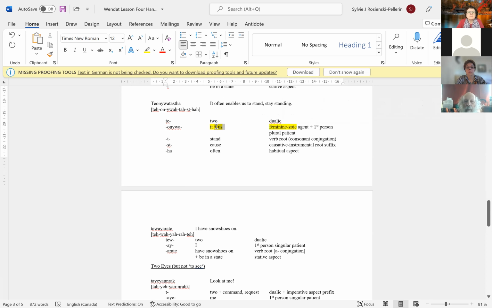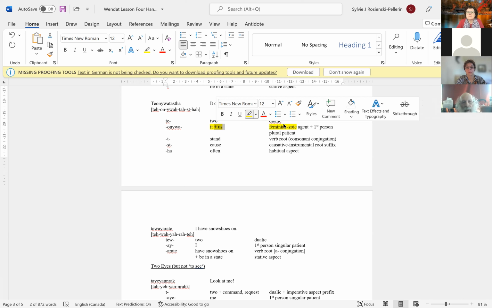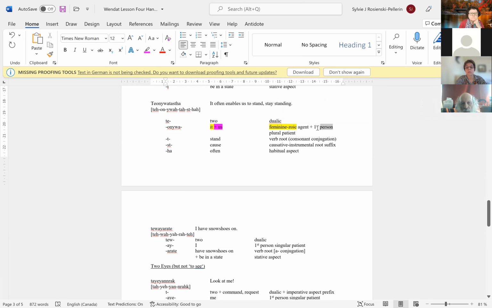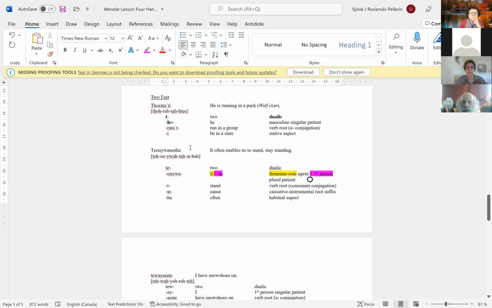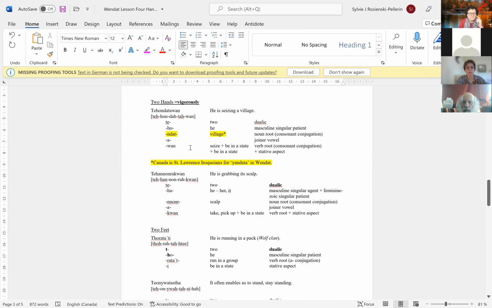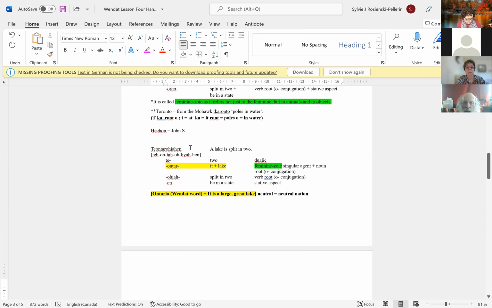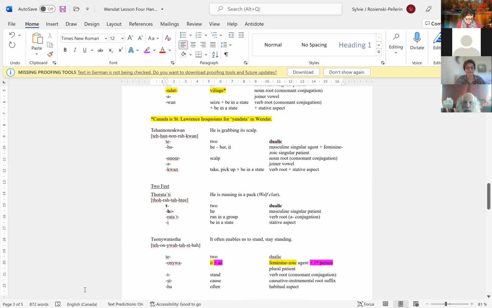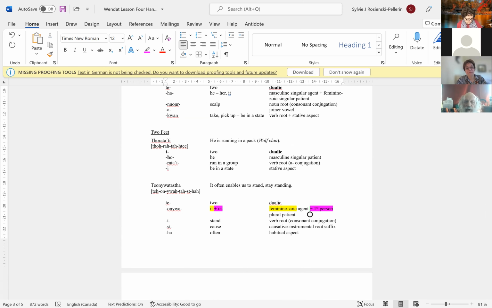Now, one thing that Wendat had too was a distinction between 2 and more than 2. So if this particular word, it often enables us to, then that W would be gone because it means plural.